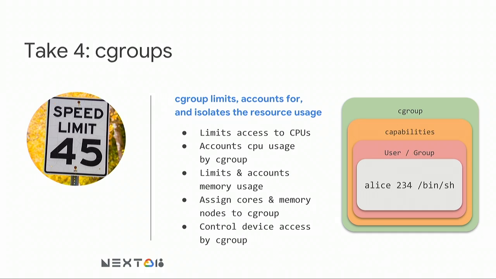To address the resource isolation problem, Google in the past contributed control groups, which allow limiting resources and accounting for them for better isolation. For example, it will limit access to the CPUs, and also account for CPU usage by that particular cgroup. The same goes for limiting and accounting memory usage.